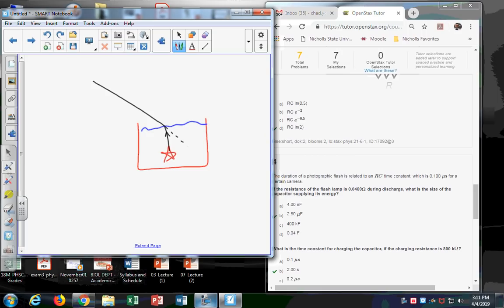So my image in this case is right here, or you could think of the image as being right here. It doesn't really matter. The image is going to be along that ray that the person is actually seeing. That was true in the fish problem, and it's also true in this one. Is that clear?